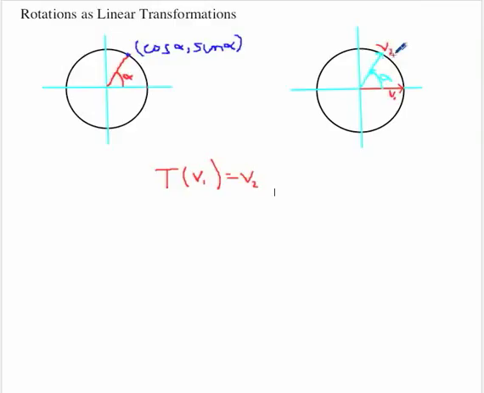Okay. So that's a transformation. Why would I think that's a linear transformation then? Well, what does linear mean? It means that if I act upon a vector that can be broken up into a sum, the resultant is going to be just the sum of those individual pieces.